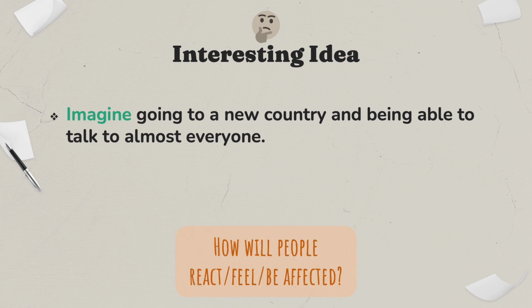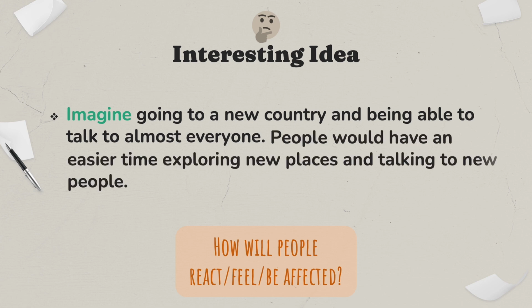You can explain how people will react, how people will feel, or how people will be affected by this world we are imagining. We said people would have an easier time exploring new places and talking to new people. We did this because it will transition into our background information.